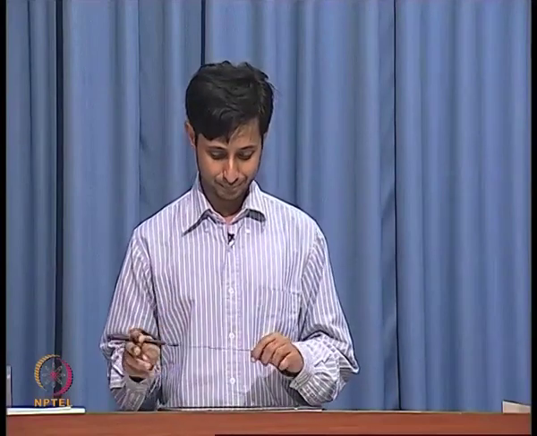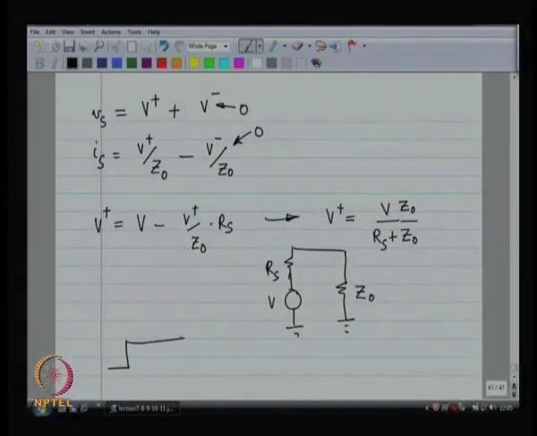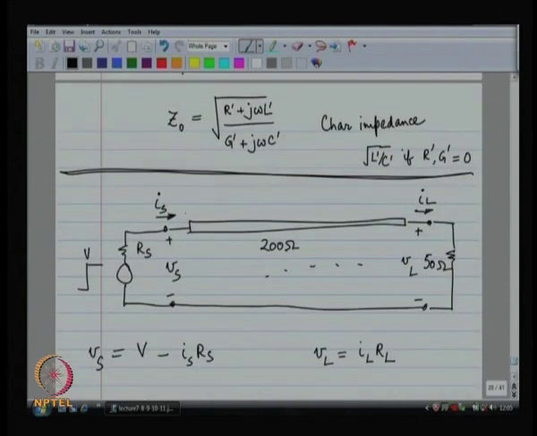So, now I know the value of V plus. Okay. So, V plus is a pulse of value V by Z naught, I am sorry, this is the value of V plus, it is a pulse and it is travelling along the wire in the forward direction.